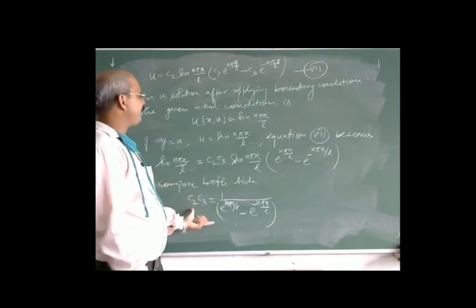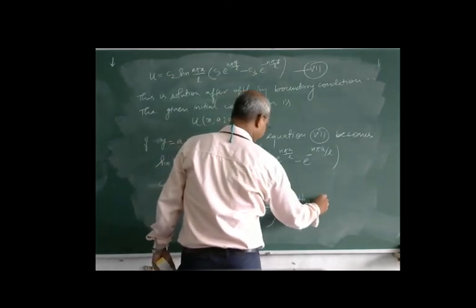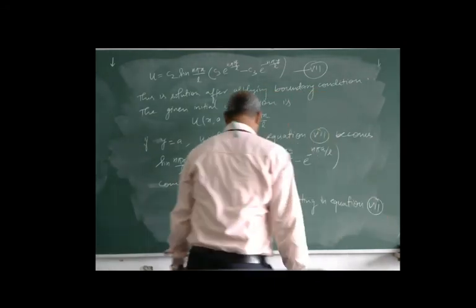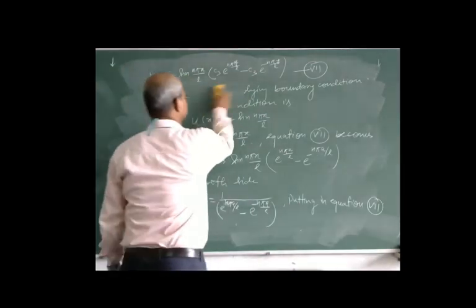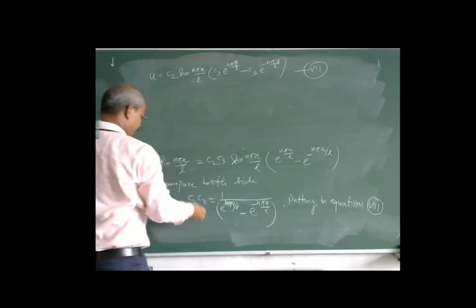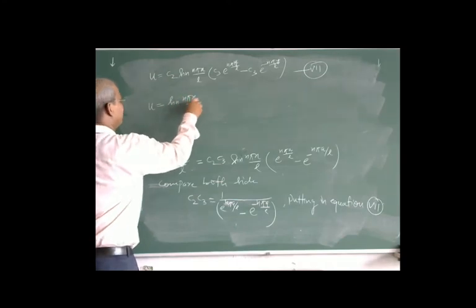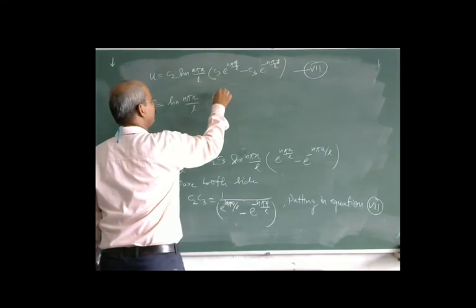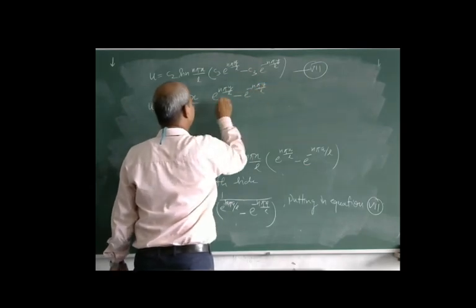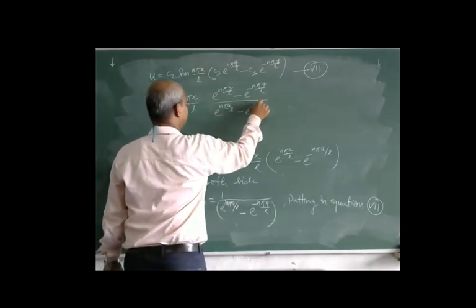So in place of C2 C3, putting in equation 7, we have u equal to sine n pi x by L and e to the power n pi y by L minus e to the power minus n pi y by L upon e to the power n pi a by L minus e to the power minus n pi a by L.